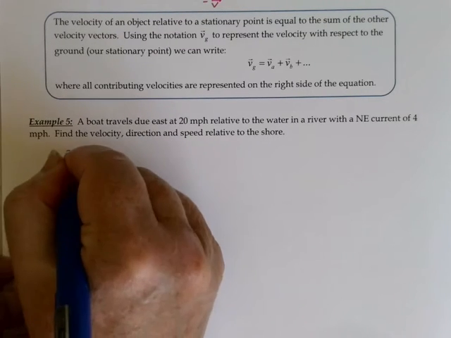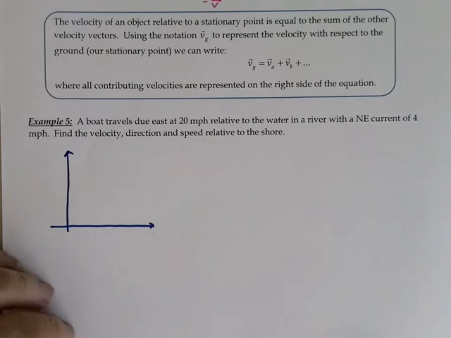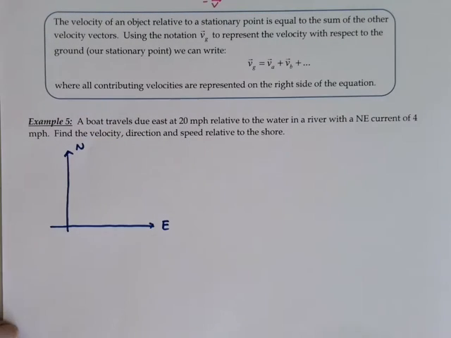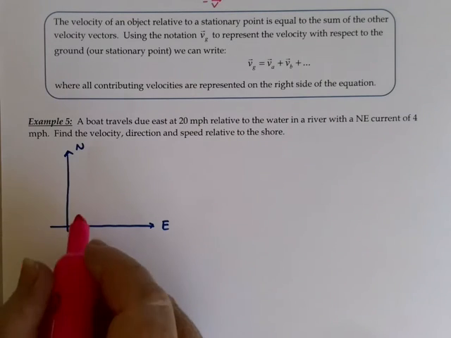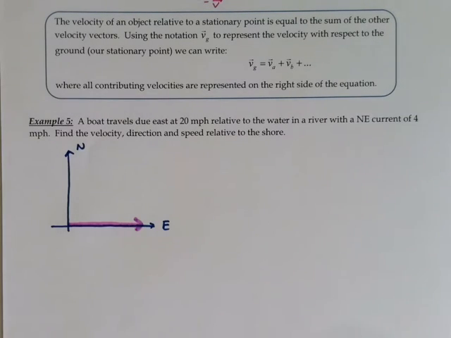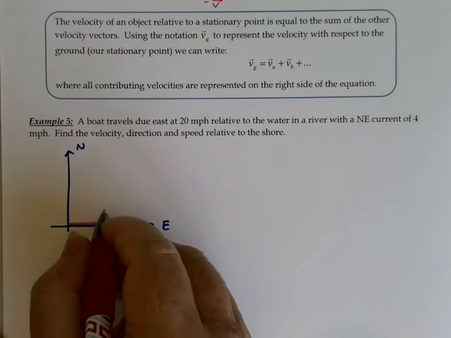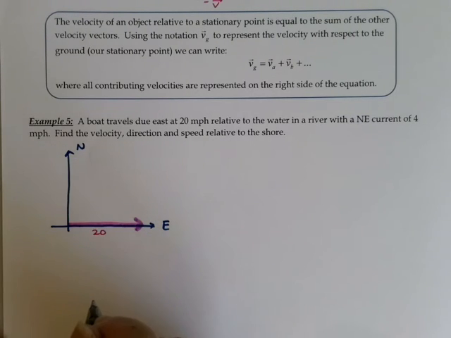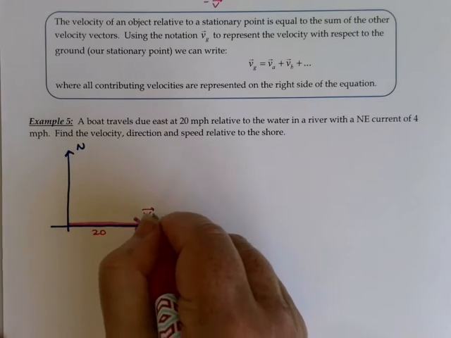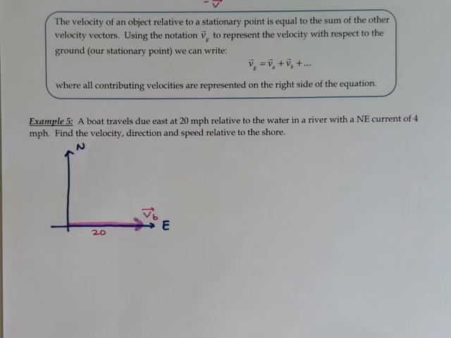So let's see what's going on here. The boat itself is going due east at 20 miles per hour. So I'm going to go ahead and say due east with a magnitude of 20. This is going to be the velocity vector, and I'm going to call it VB for the boat.